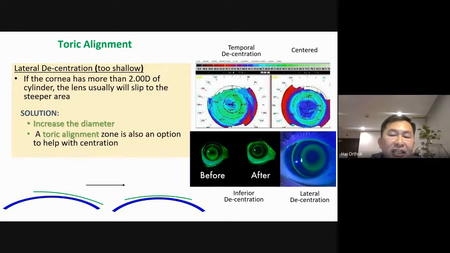If you see the lens moving down and vaulting, then you flatten the lens. But if you see the lens moving down and a lot of tear channel at 6 and 12 o'clock, then you have to change to the toric design. And if you see lateral decentration, remember there are 3 reasons for lateral decentration, and you have to find the correct reason in order to troubleshoot it more effectively.